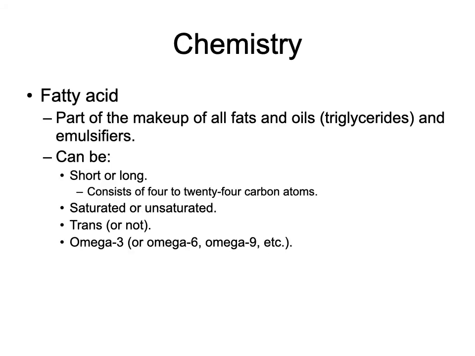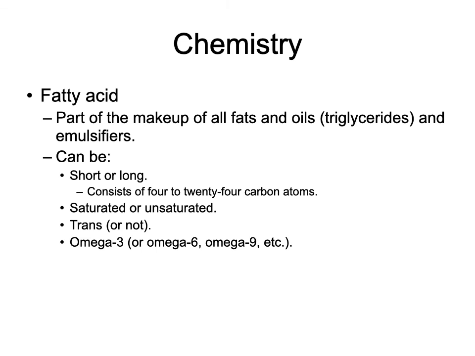A fatty acid is part of the makeup of fats and oils, and it can be short or long. So some are referred to as long fatty acids, short fatty acids, saturated or unsaturated fatty acids, trans fatty acids or not trans fatty acids, and then there's the type of fatty acids that are referred to as an omega-3, omega-6, or omega-9.